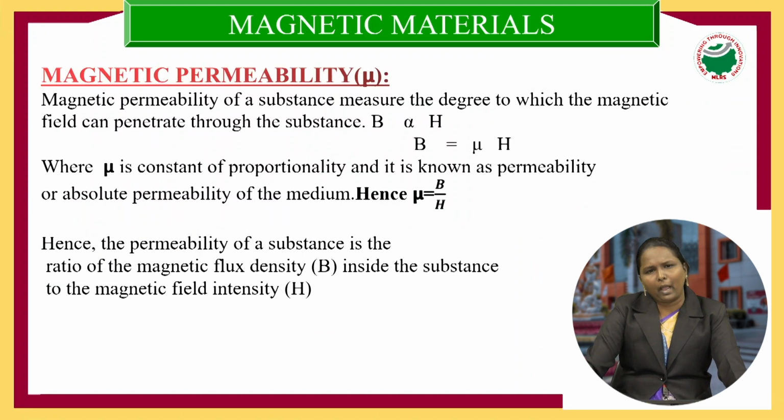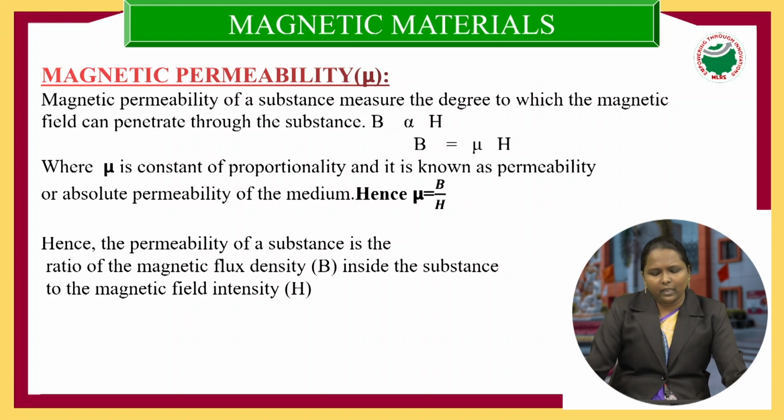Next one is the magnetic permeability. What is the magnetic permeability? The magnetic permeability is the capacity of the material to accept magnetization, that is, to what degree magnetization happens in a material. It depends upon the external field which we apply to the material.